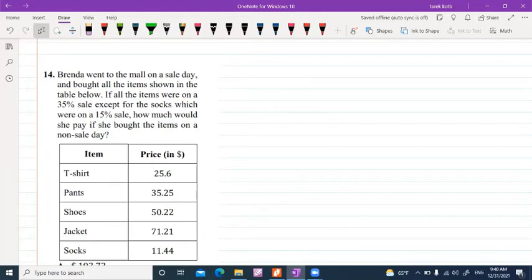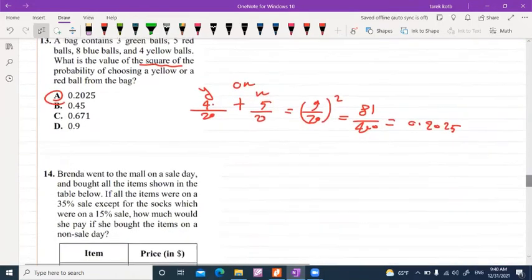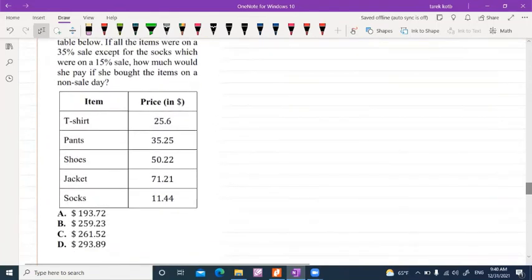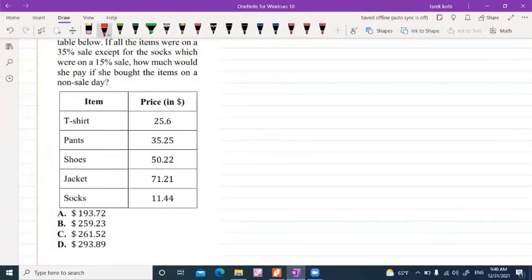Means she already bought these items on a sale day. So this is the prices after the discount. 35% discount for all items except the socks, 15% discount. If she bought these items on non-sale day, okay, so I have to get the original of these prices.